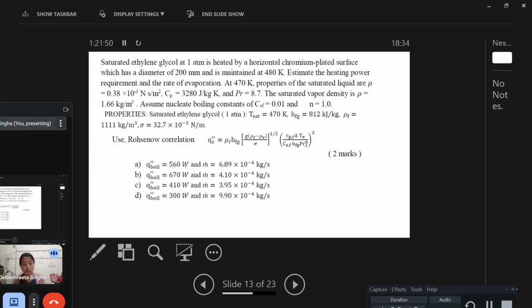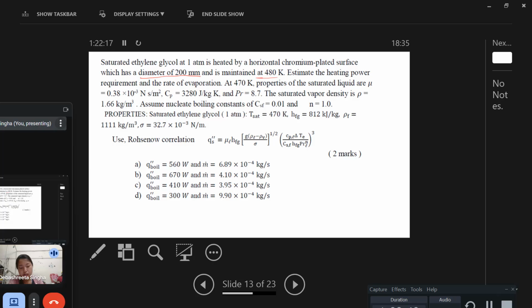Simple. Now next question. This question says saturated ethylene glycol at 1 atmosphere is heated by a horizontal chromium plated surface which has a diameter of 200 millimeter. So the diameter is given here, and it is maintained at 480, that means the surface temperature is 480 Kelvin.